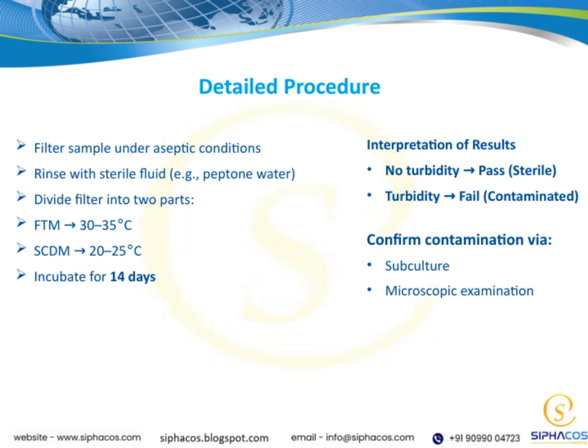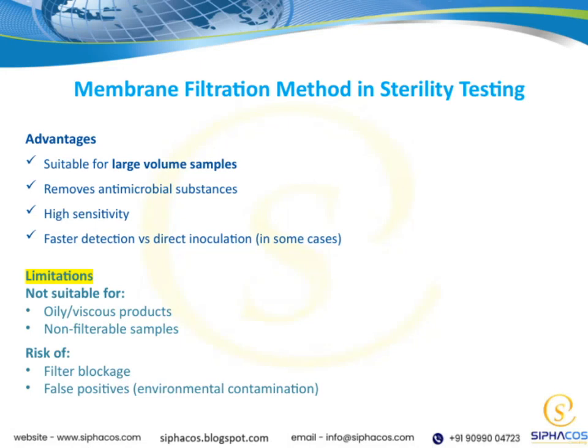By following these steps, we can confidently determine whether the sample is contaminated and ensure the safety and sterility of our products. Now, let's talk about the advantages of the membrane filtration method in sterility testing. This technique is especially suitable when dealing with large volume samples, which is a big plus because it allows us to test more material efficiently.